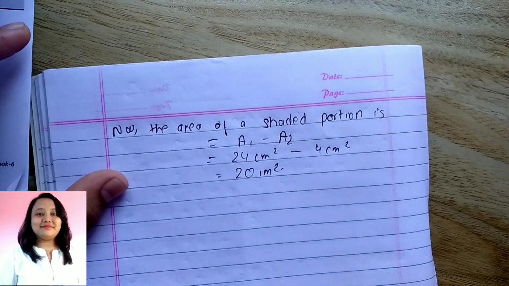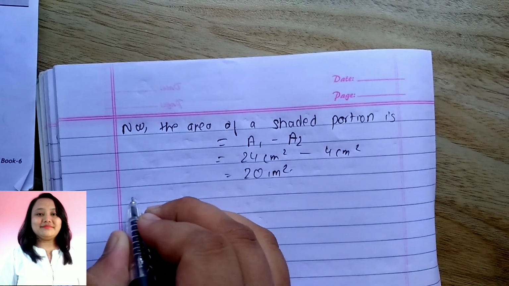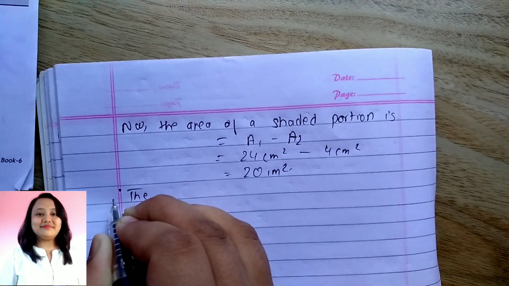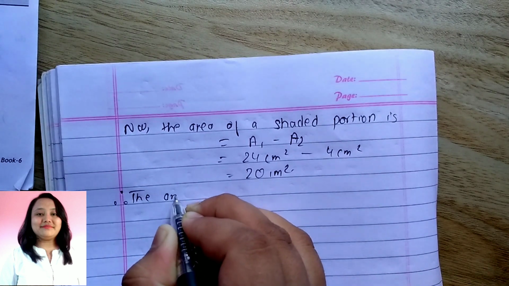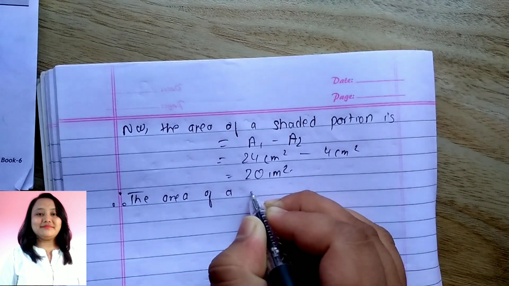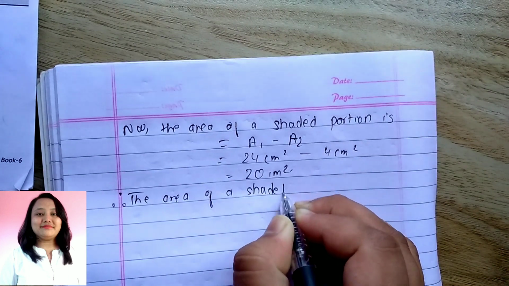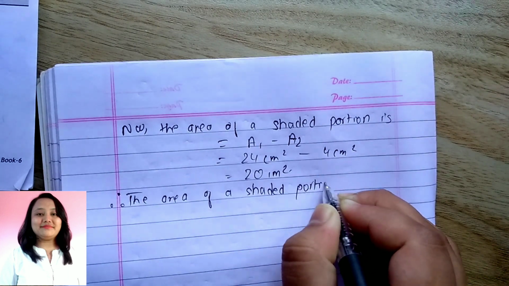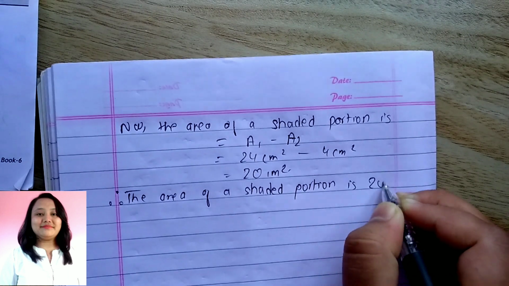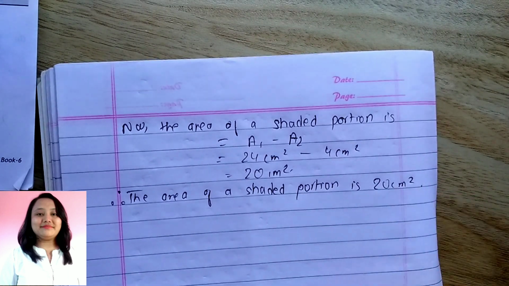This much only. And now you have to write a conclusion. Therefore, the area of the shaded portion is 20 cm square.